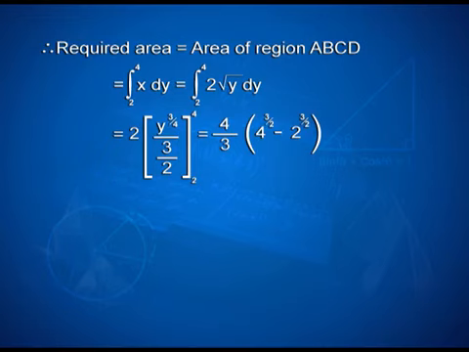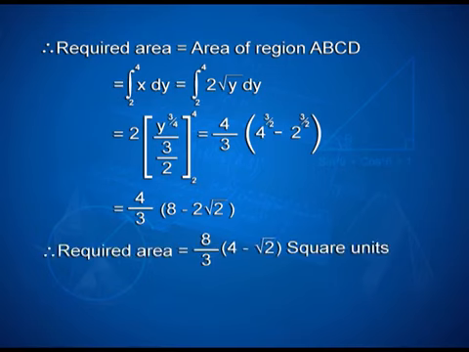On simplification, we have 4 upon 3 into 8 minus 2 root 2. Taking out 2 as common, the required area is 8 upon 3 into 4 minus square root 2 square units.